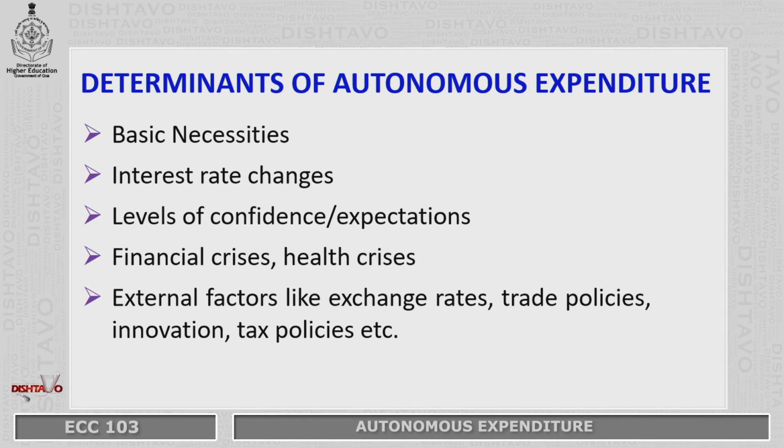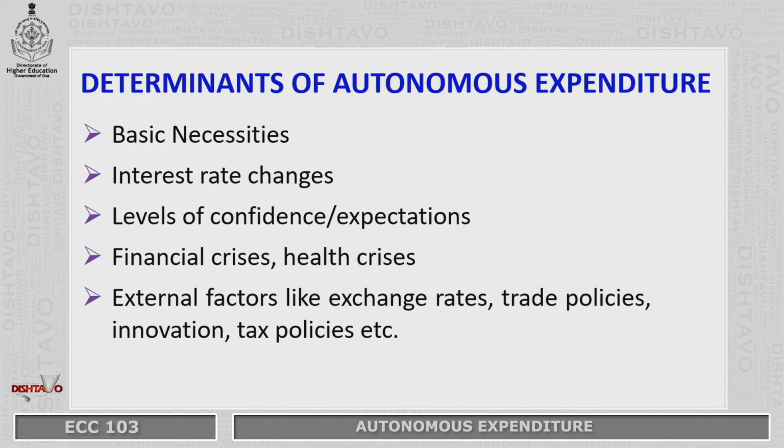So let's look at what are the factors determining autonomous expenditures. There are several factors other than income which determine autonomous expenditure. Basic necessities, for instance. Interest rate changes is another important determinant. When the interest rates come down, investors want to borrow and invest. Another important determinant is the levels of confidence in the economy, what we call business optimism or business pessimism.